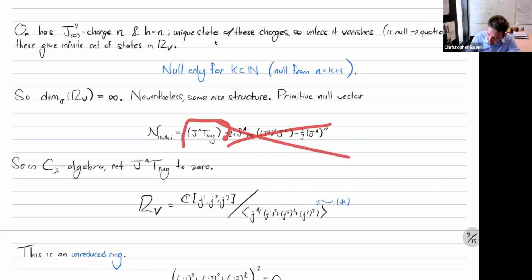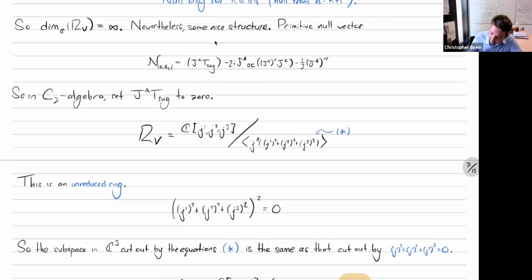This is a relation that says that the Sugawara guy in the C2 quotient times the current is equal to 0. And that gives me a characterization of my C2 algebra like this. So I start out with a commutative associative algebra generated by variables in one-to-one correspondence with the strong generators of my vertex algebra, the currents, J1, J2, J3.